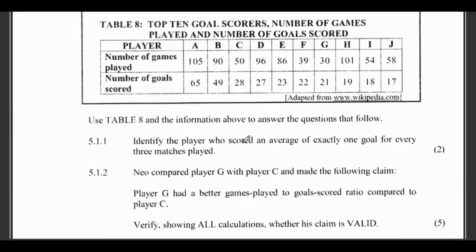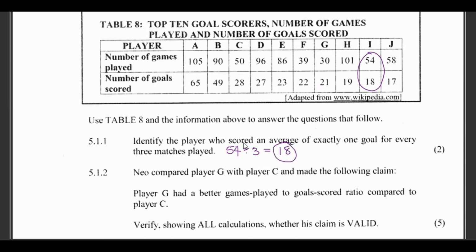So now take note. We need to look at the number here on average. We look at this player I, because remember these are 3 matches. So we divide by 3. What do you get? 18.